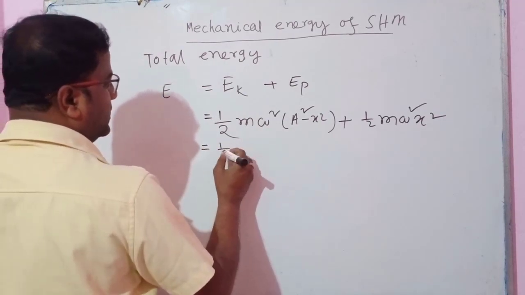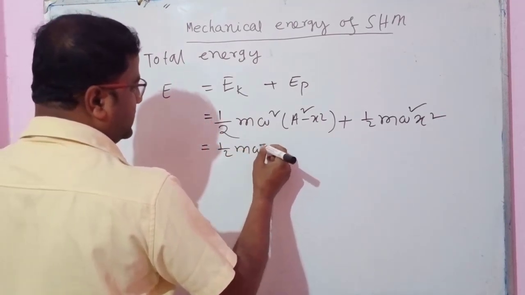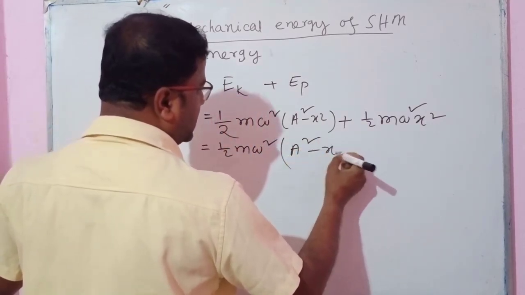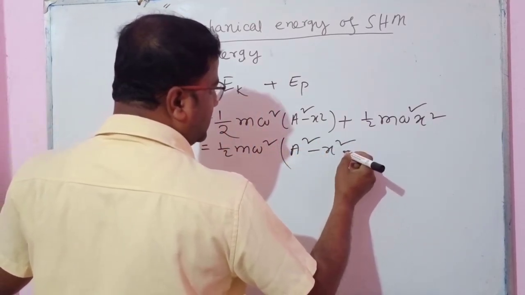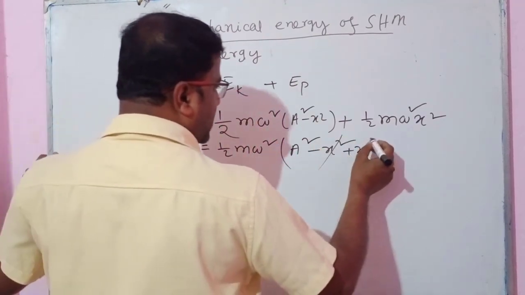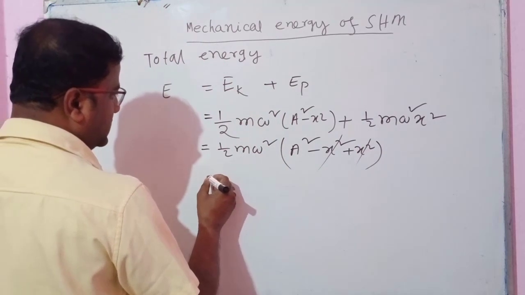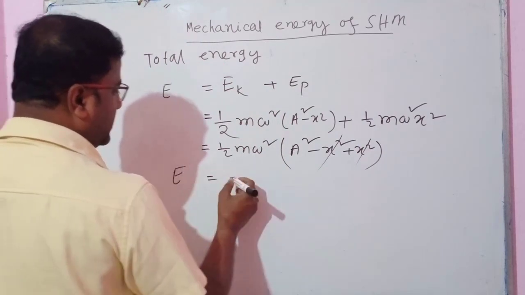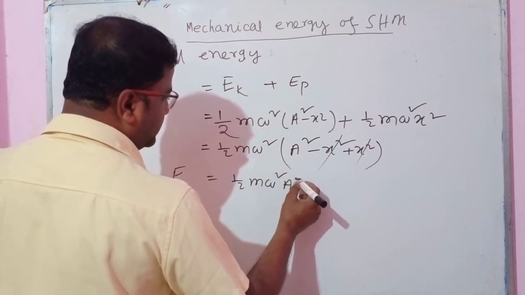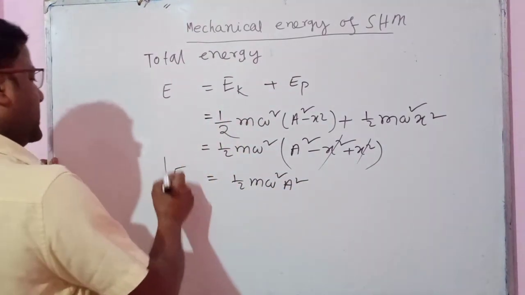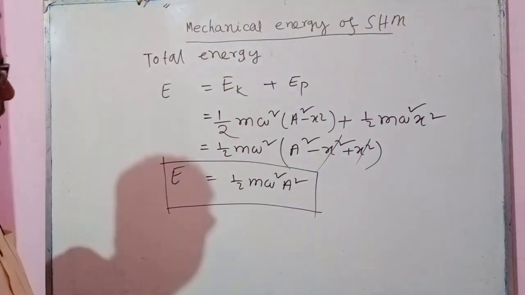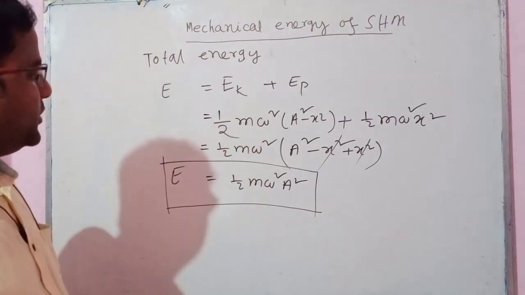Now the simplification gives a square minus x square plus x square, minus x square and plus x square cancel, and the only remaining term is half m omega square a square. This is the total mechanical energy of that particle which is performing simple harmonic motion.